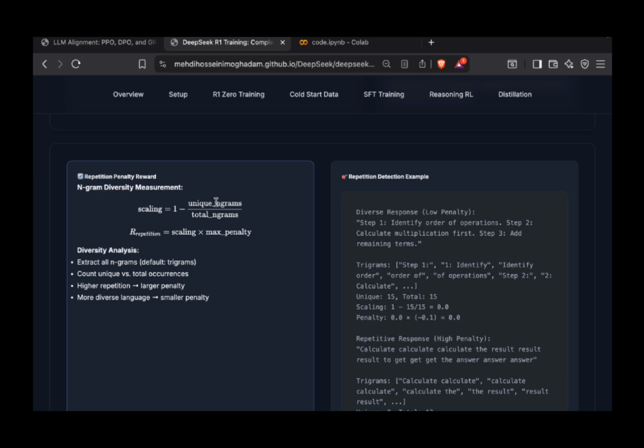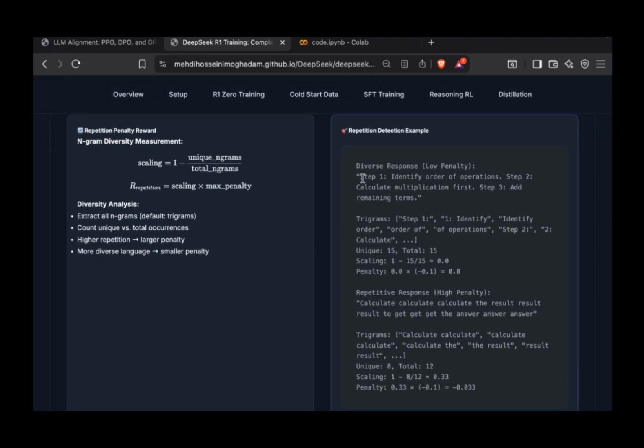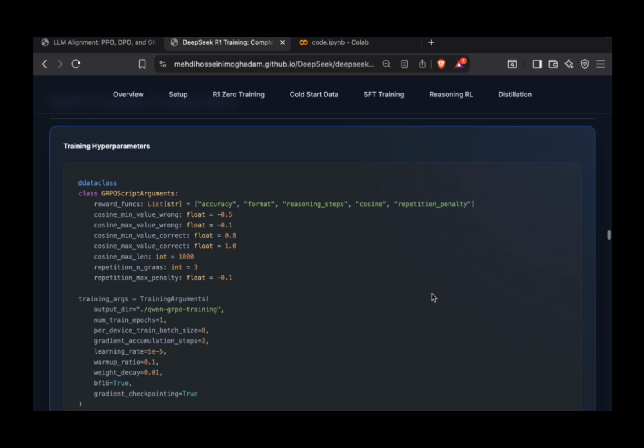With this, we can find how many times we had repetitive words. If we have high repetition, that would give a large penalty. If it is more diverse language, it would give a smaller penalty. And this is also an example for that, which you can have a look at.